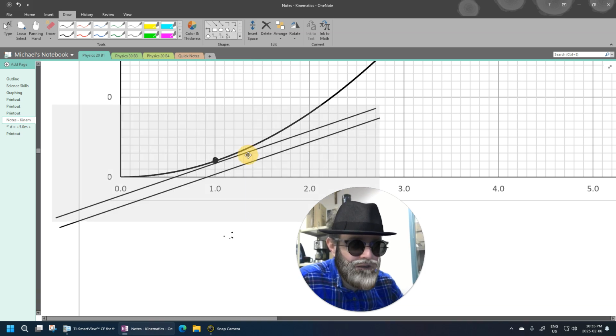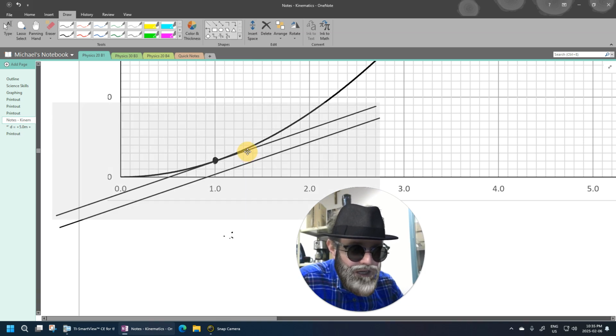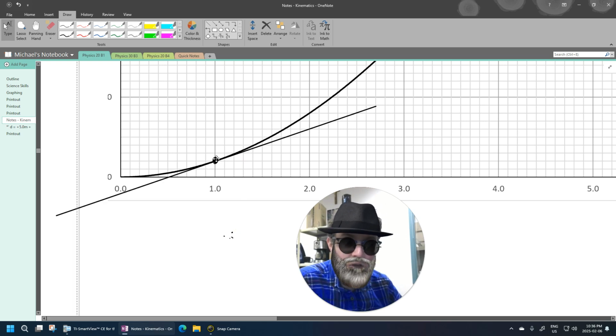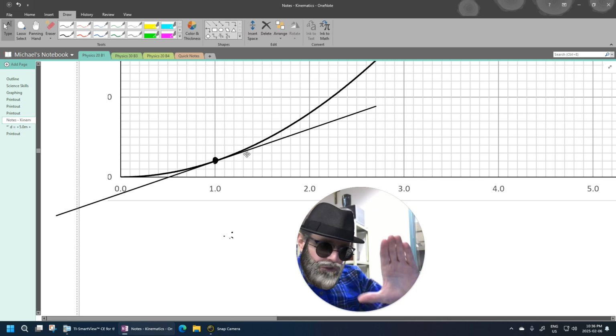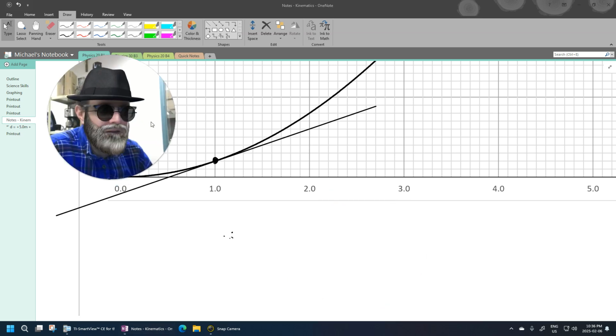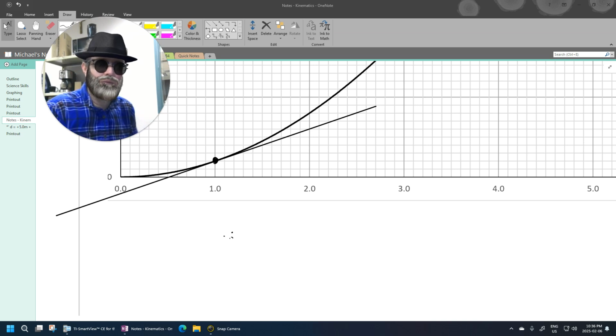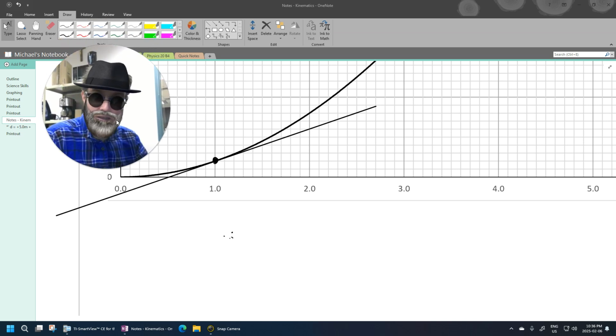Okay, so you want this dot just to touch the line. You can see now it's only touching the line at the dot that we drew. Then you wiggle the ruler around a little bit so that on either side, about the same distance away from the point, by eyeball.